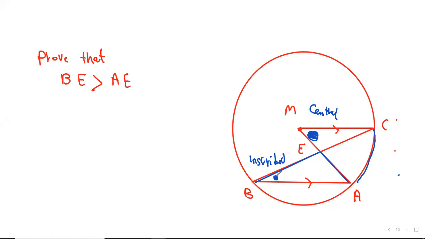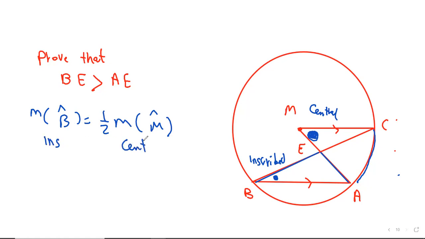So measure of angle B equals half measure of angle M. Do you know why? Because they are inscribed and central angles subtended by the same arc, AC.